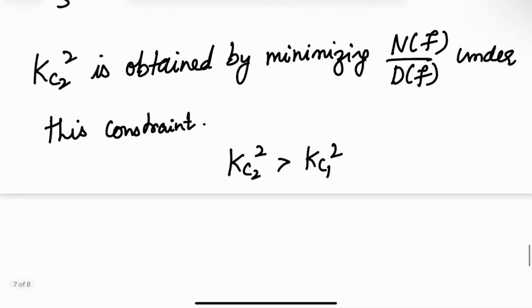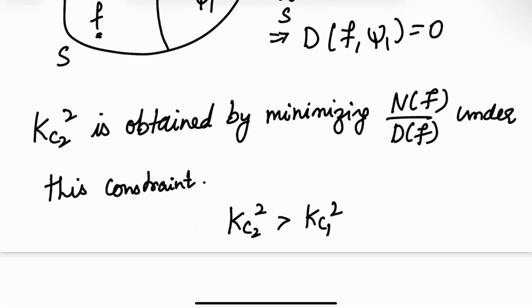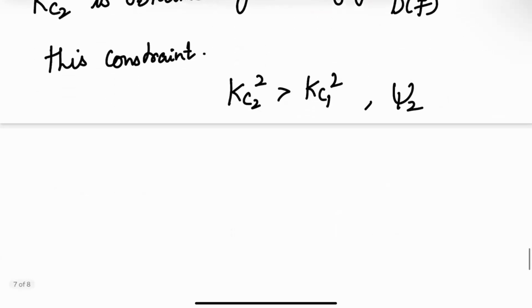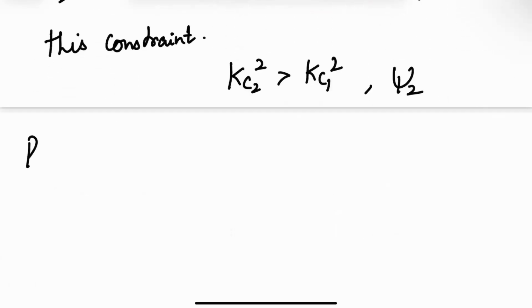Okay, so we want to show that basically a function psi2 is the eigenfunction that satisfies the wave equation with an eigenvalue Kc2 squared. So we'll also prove this part.